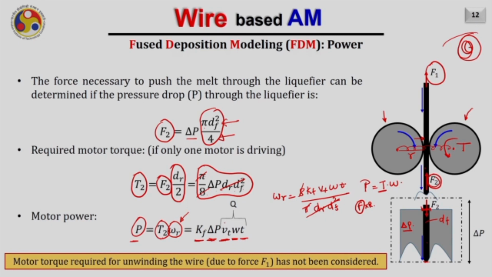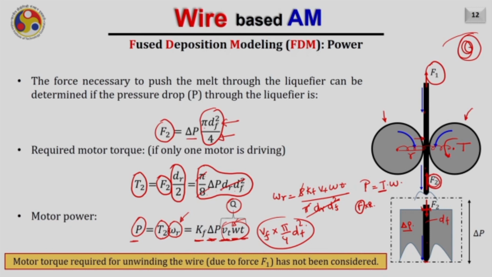We know that this Vt Wt is nothing but the flow rate, and this flow rate can also be calculated from the feeding of the wire, in which case it will be the velocity of the filament Vf into pi by 4 df square. So any one of these values can be kept here.